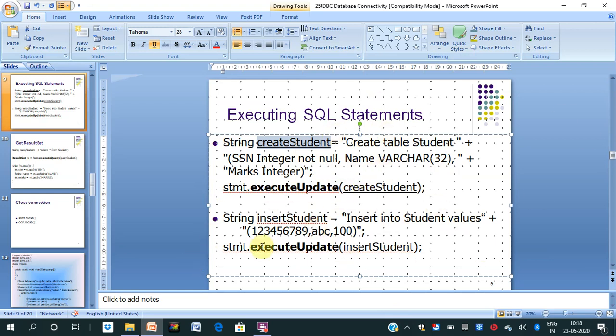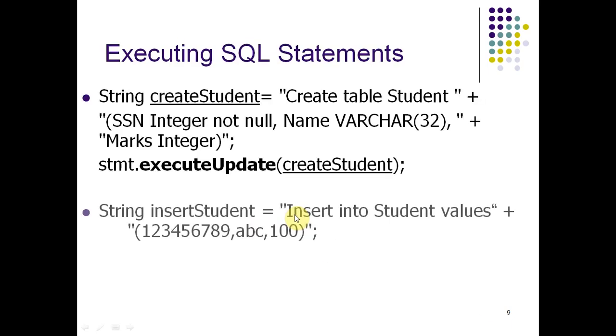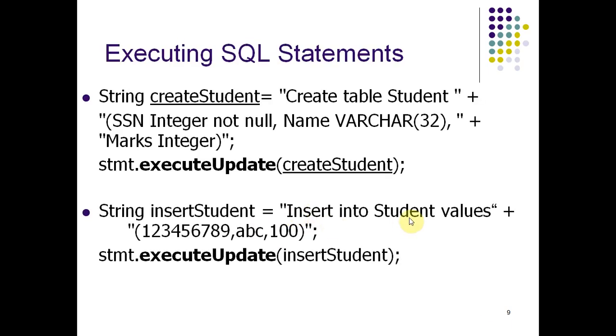And this is another statement where we have written insertStudent, and in this insertStudent we have mentioned insert into student table values. We have written three values. The first value is the SSN, an integer type, the second one is the name, and the third one is the marks. It is 100.